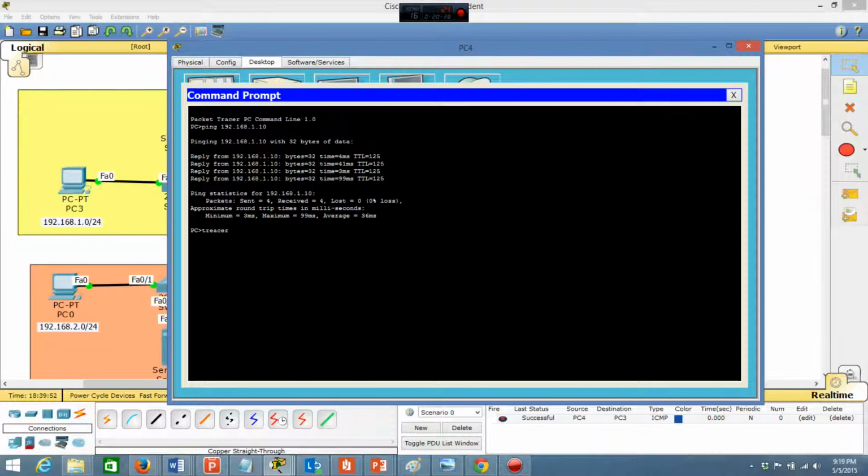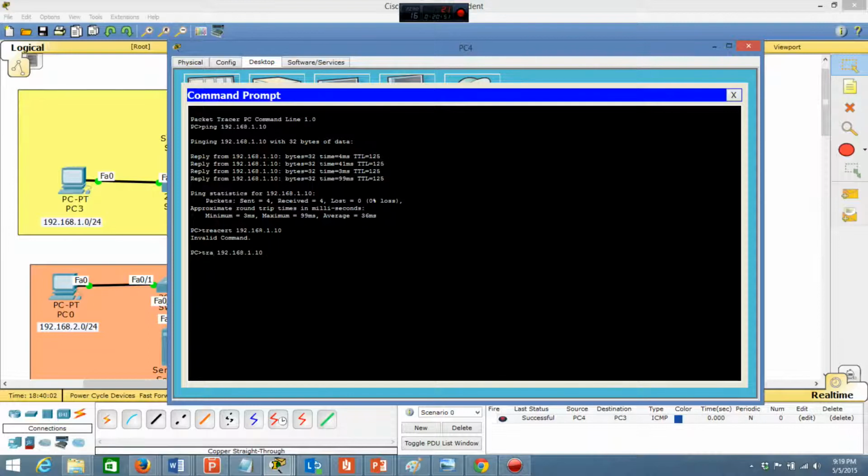So let's do a trace route and see how many hops we pass through to reach 192.168.1.10. So let's see. Oh, okay. So let's do this. Trace route, tracert for Microsoft.